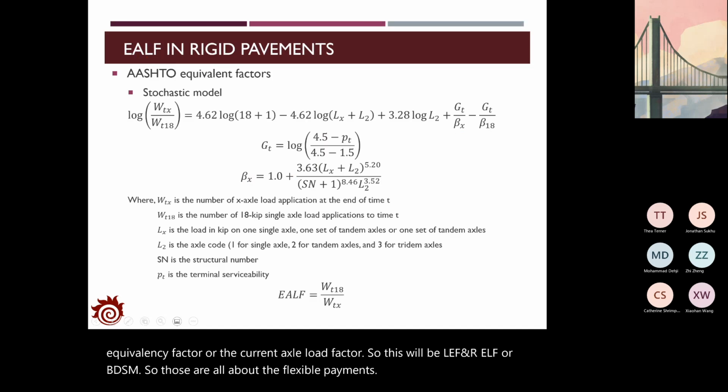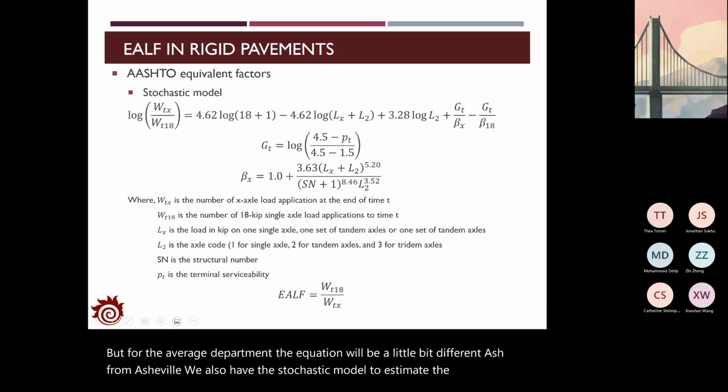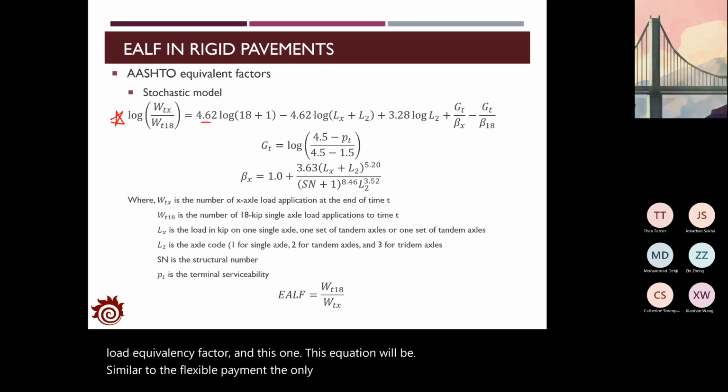But for the rigid pavement, the equation will be a little bit different. From AASHTO, we also have a stochastic model to estimate the load equivalency factor, and this equation will be similar to the flexible pavement. The only difference will be the coefficients.